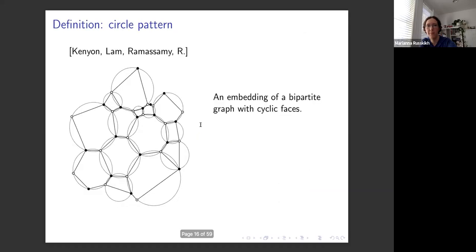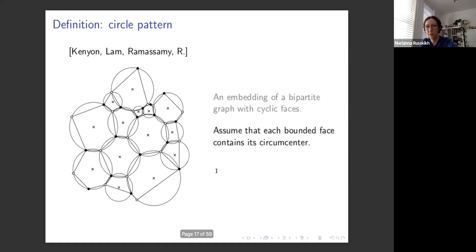What I do next, let me finally define for you the new class of embeddings. So what are they? Suppose that we start with a bipartite graph which is embedded in such a way that each face is a cyclic polygon, so each face is inscribed in some circle.